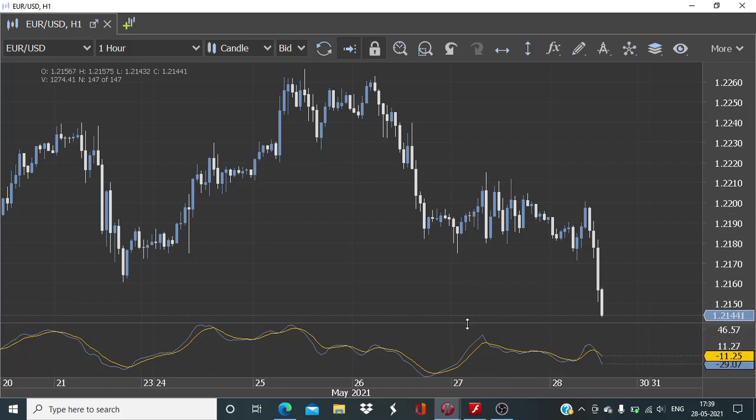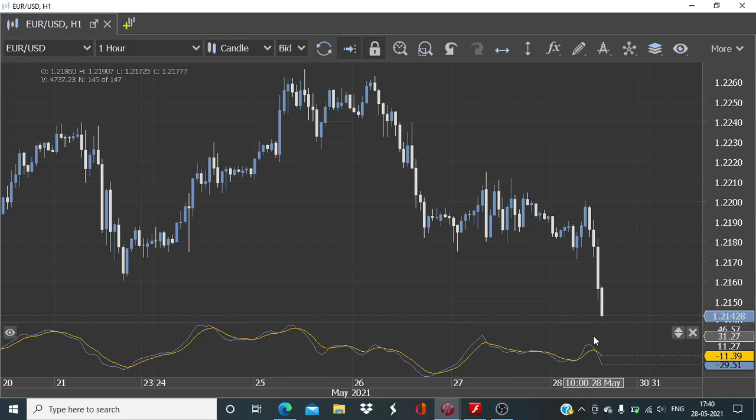When we have the price rise, the SMI values tend to be in the positive territory, or you can say vice versa. If the SMI is in positive territory, then the value tends to be rising, and if the SMI is in negative territory, the price decline is more probable.